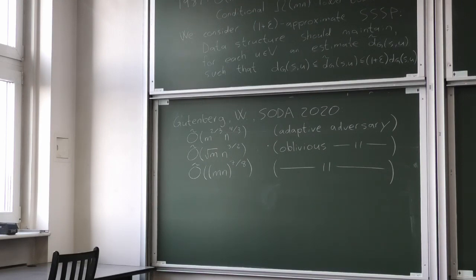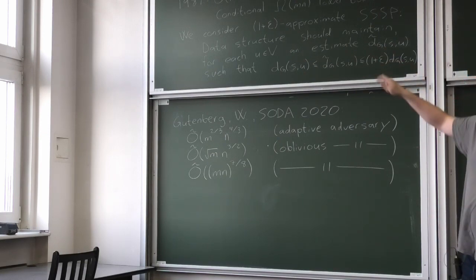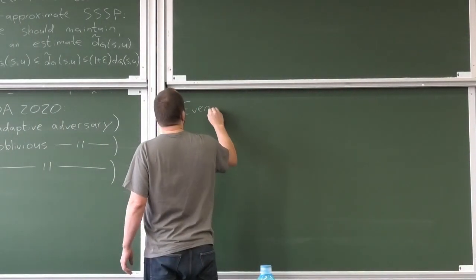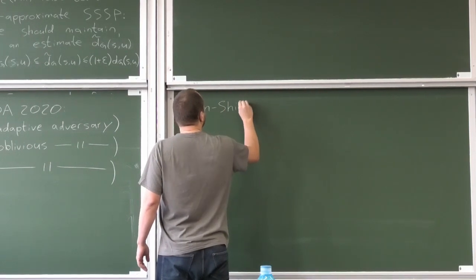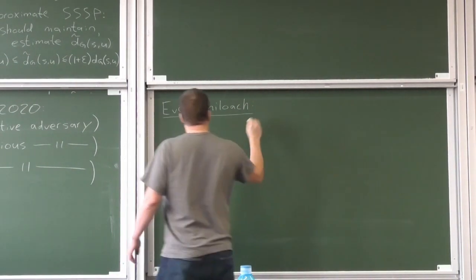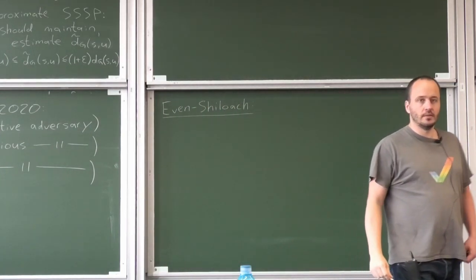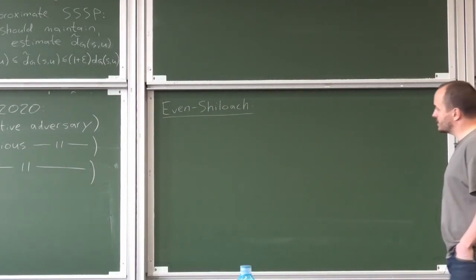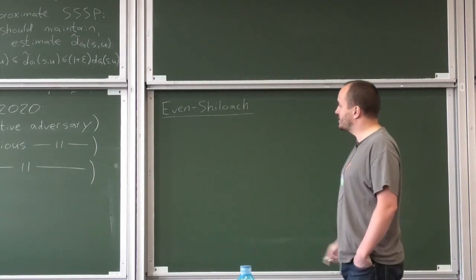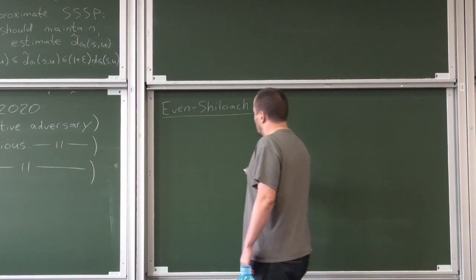But before we look at this problem for DAGs, let's just go through even Chirac, sketch how that algorithm works. And remember, this is an exact algorithm, so it maintains exact distances. And it actually maintains a shortest path tree, not just distances. So how does it work?